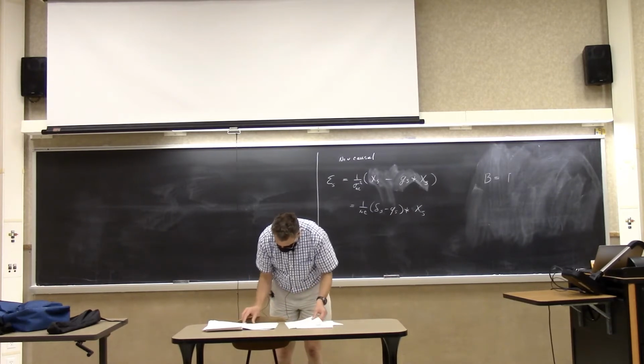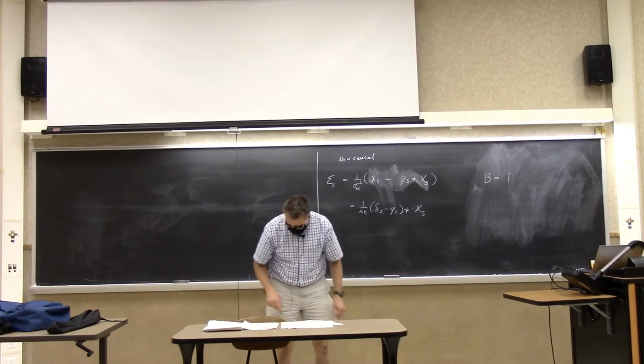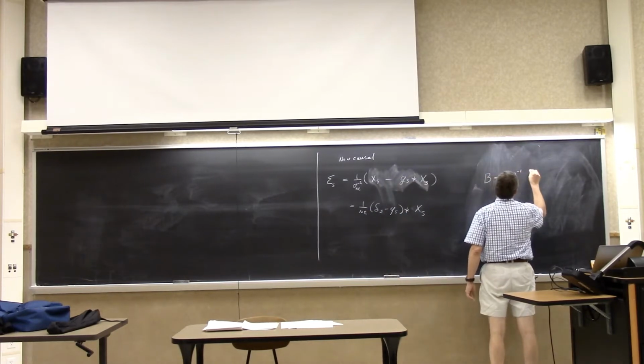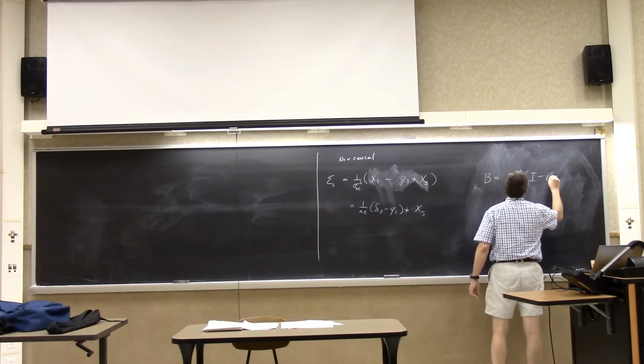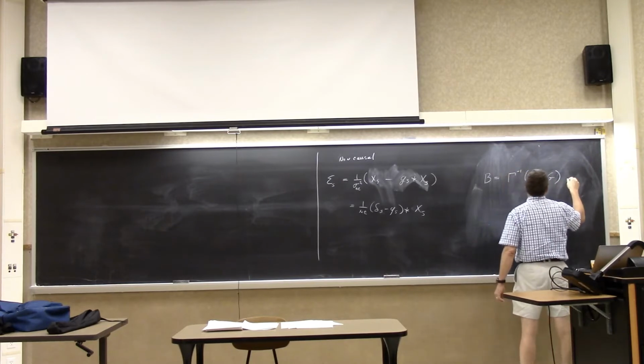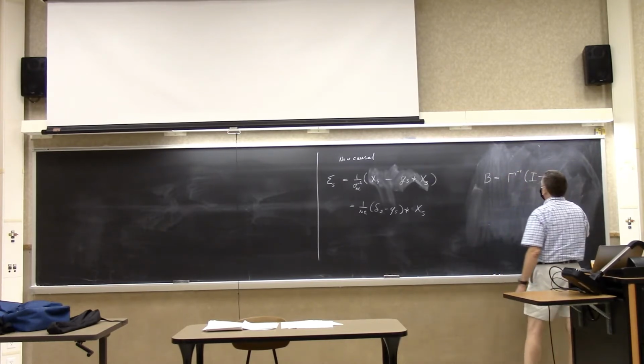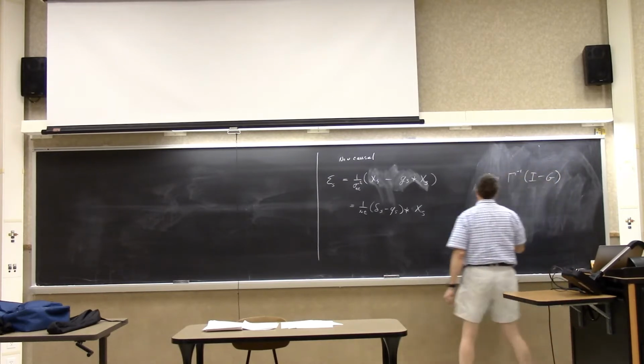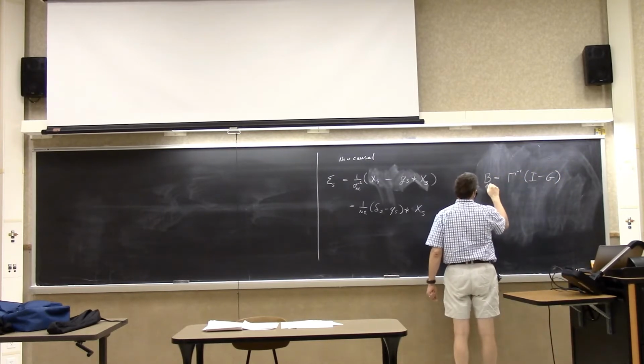By the way, you read the notes, right? Yeah, gamma. I minus G, like this. So this is the precision matrix.